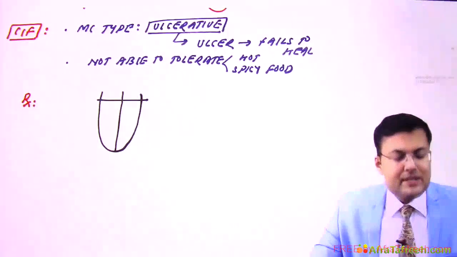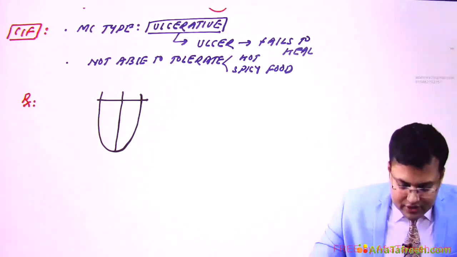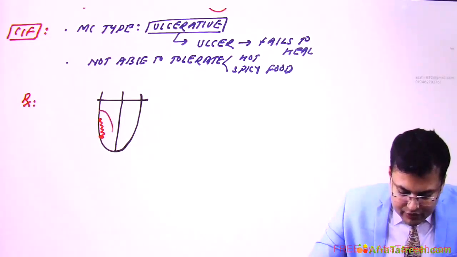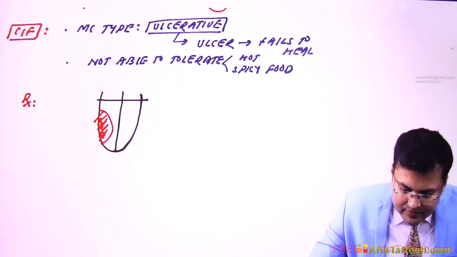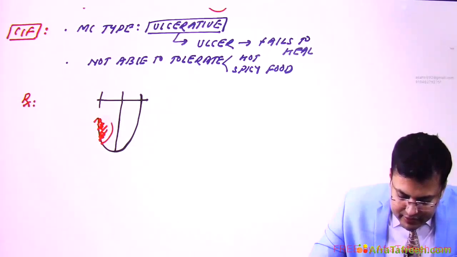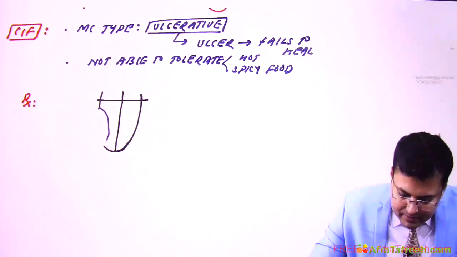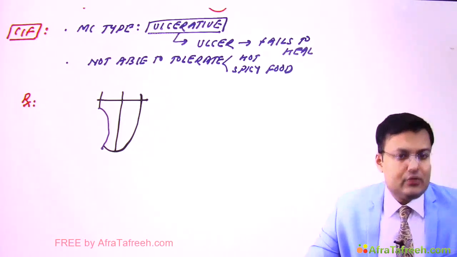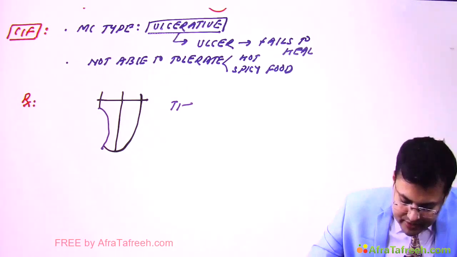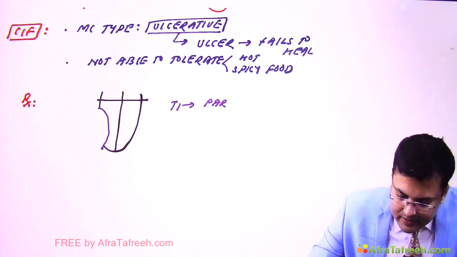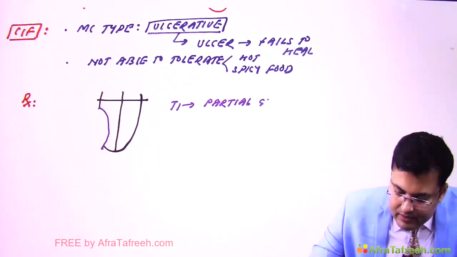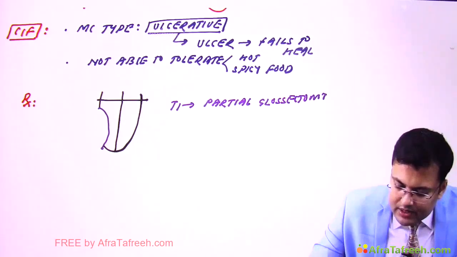If the patient has T1, we go for partial glossectomy with primary closure. So for T1: partial glossectomy plus primary closure.